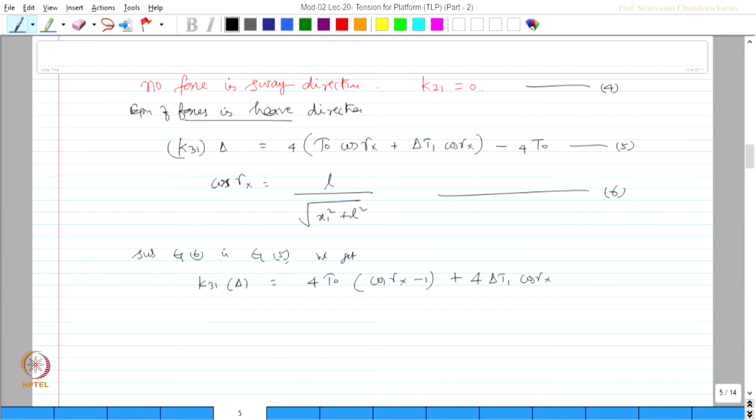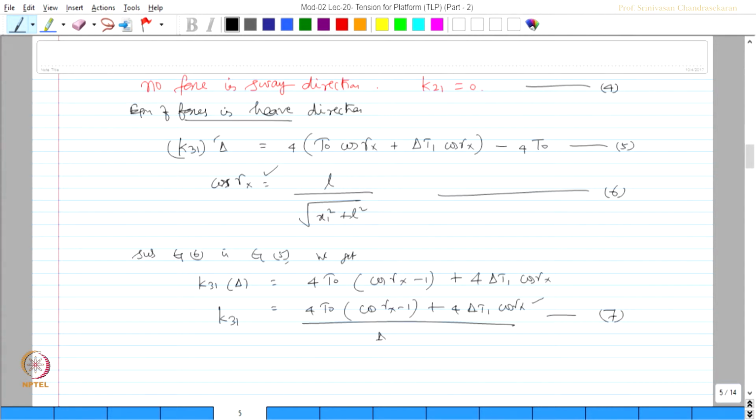Again substituting for cos gamma x, we say 4 T0 cos gamma x minus 1 plus 4 delta T1 cos gamma x by delta. This becomes my K31, which is going to be 7. Now, you know the value of cos gamma x, you can substitute them and write in terms of L by root of x1 square plus L square.